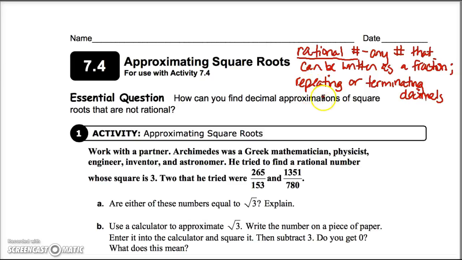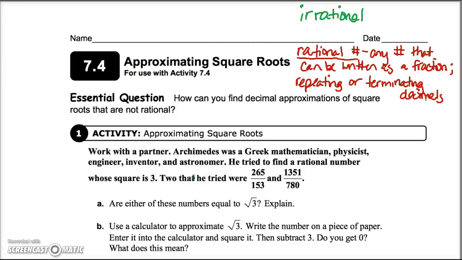It happens to be 1/3, so it would be rational. Or terminating, it stops at some point. If you have 0.3, that's 3/10. Any decimal that would go on and on forever and never repeat would not be rational, and we call those irrational numbers. If they're not rational, they are irrational.